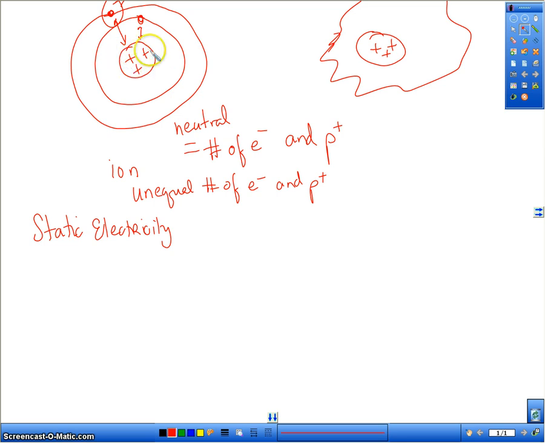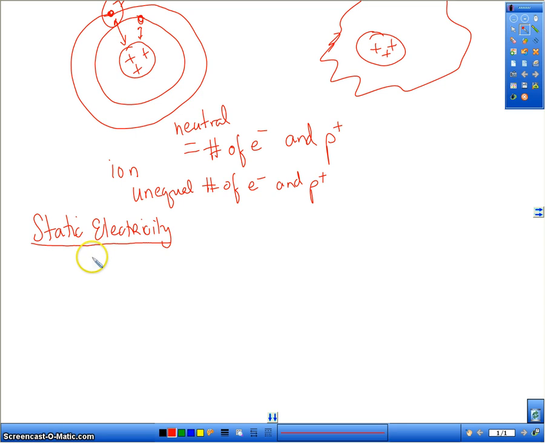The protons we're going to leave alone because the protons are within the nucleus, and if we want to pull a proton out of the nucleus, that takes like an atomic bomb. And we don't want to have to do that every time we need to toast the toast in the morning. So we really just want to move electrons around. It's much easier, takes much less energy, and is much less destructive.